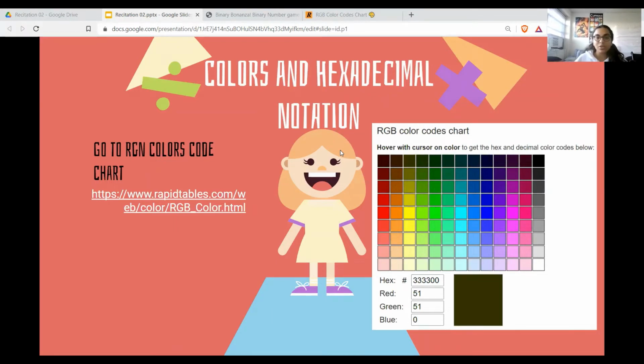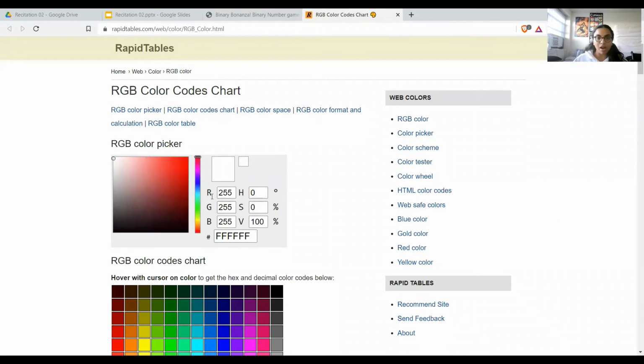Now the hexadecimal notation can be used to denote colors also. So why don't you go to this website, which is mentioned on the slide, and explore how the hexadecimal notations for the colors are different for every color. So let's go to this website and this is how it looks. Here you can see the RGB values are given and also the hexadecimal format.